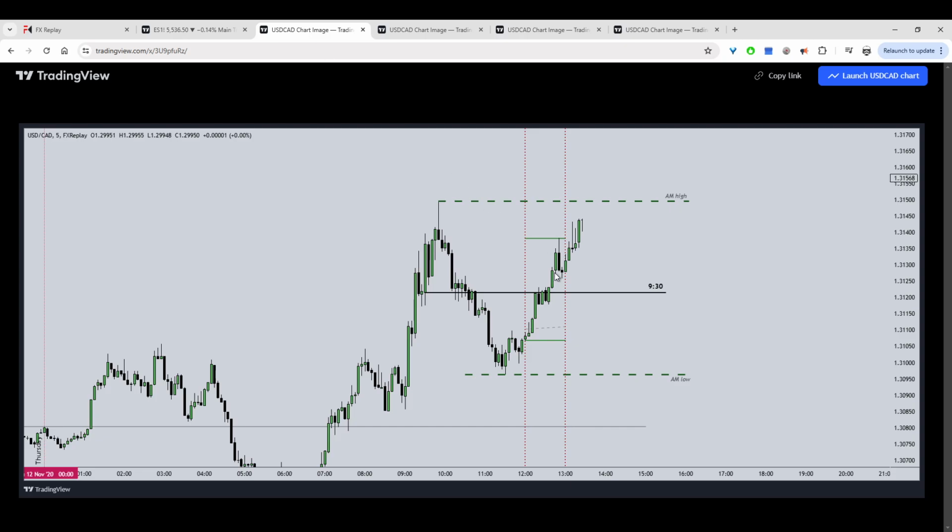Second example, we're trying to determine if this AM session is not in a decline. If it is in a decline, then it means that the Two Session Up Close will either be stunted or is not the profile in question. We have our lunch range. We can see price breaks the high of the lunch range, and we have our AM high intact coming out of lunch.